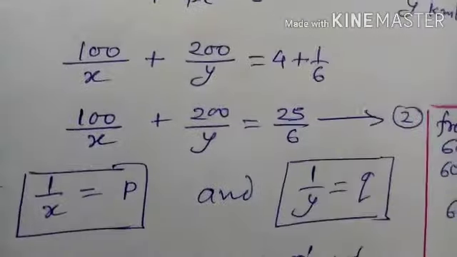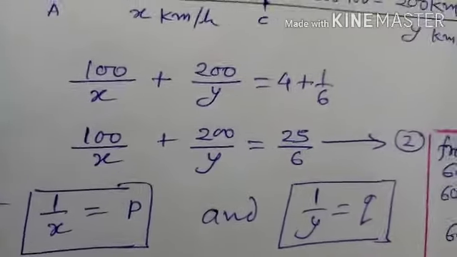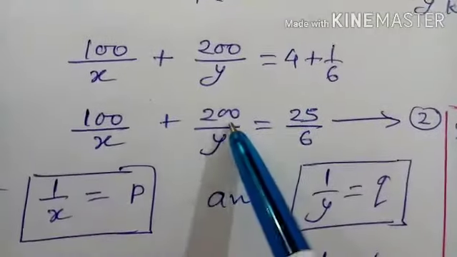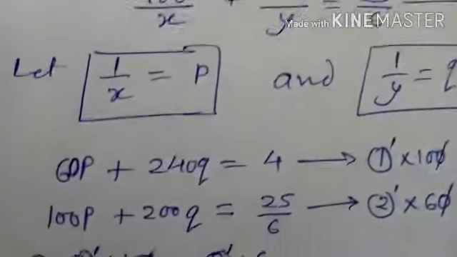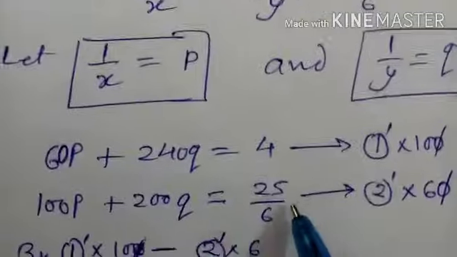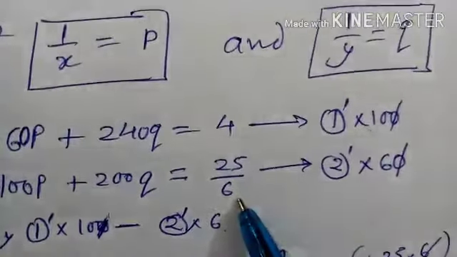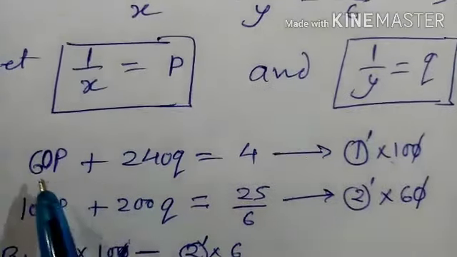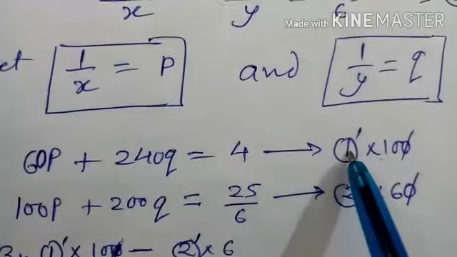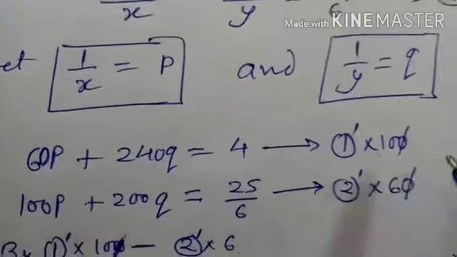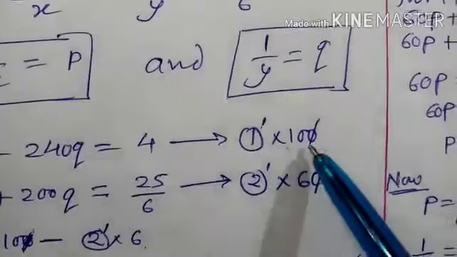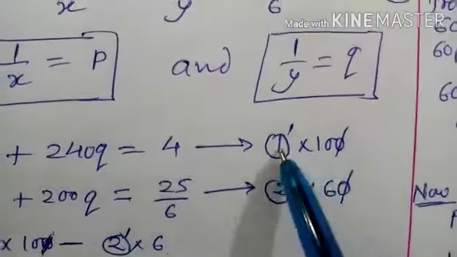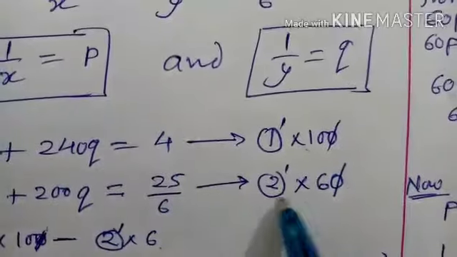And second, 100p plus 200q is equal to 25 upon 6, equation number 2 dash. Now multiply the first equation by 10 and the second by 6.